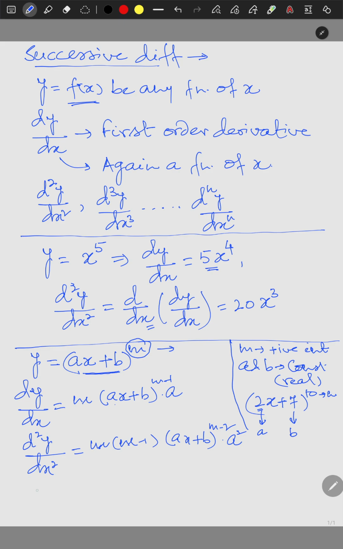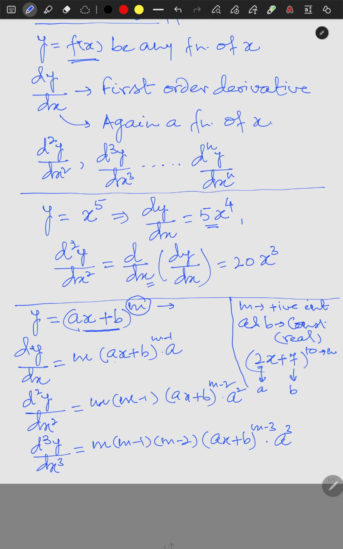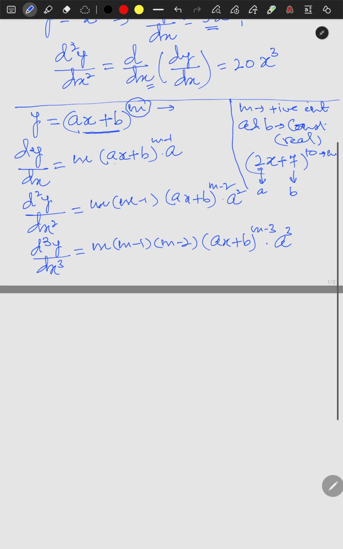Now if we find the third order derivative, d cube y over dx cube, this will be m times (m minus 1) times (m minus 2) times (ax + b) to the power m minus 3, and again we have a here, so we already had a square, and now we have a cube.